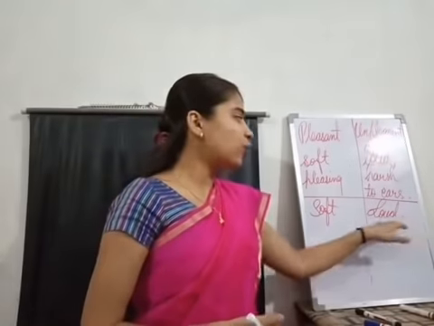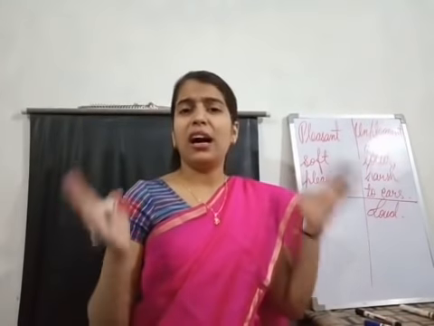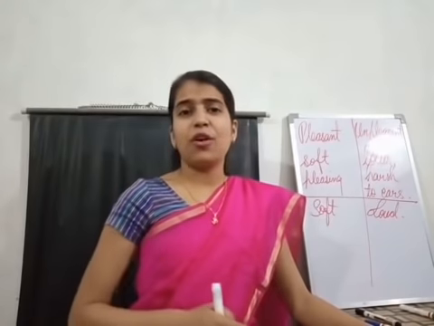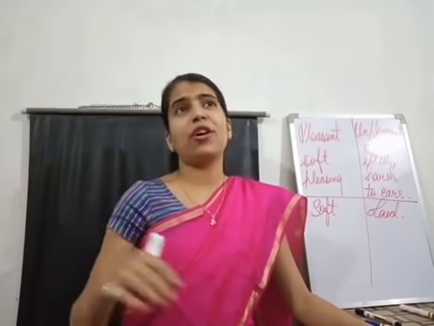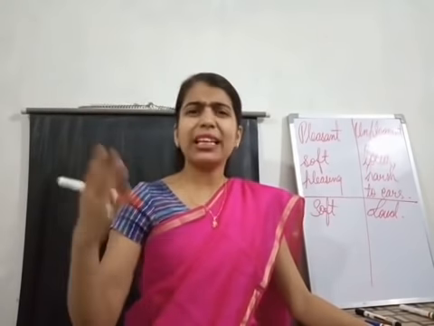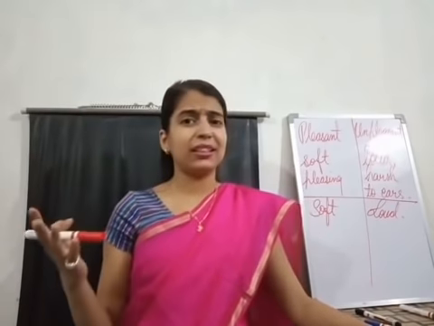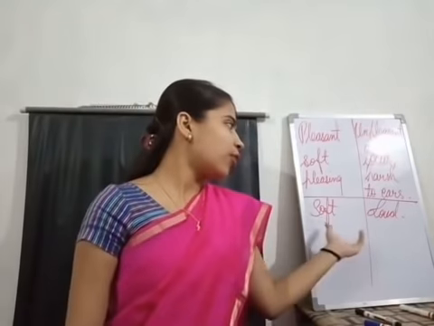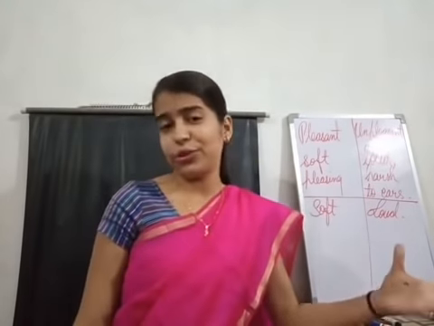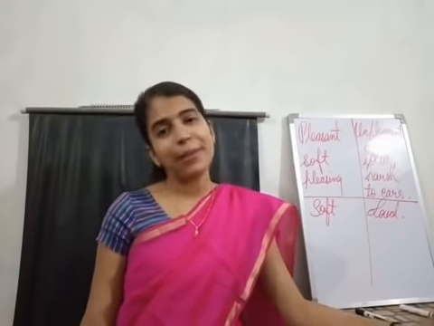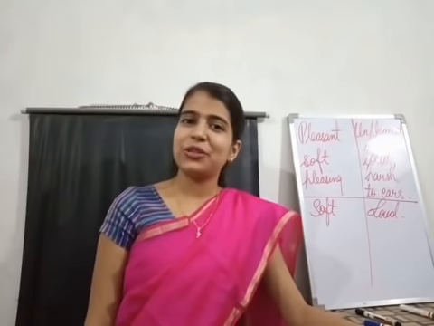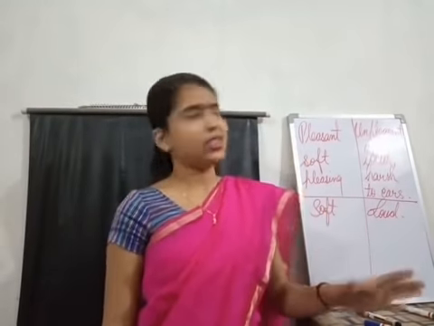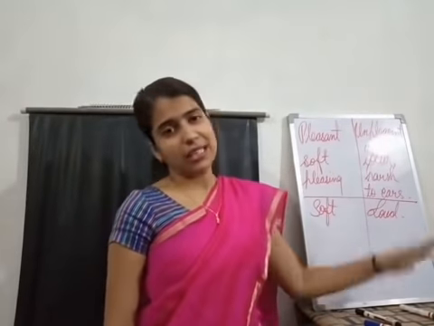Loud, again, honking of the vehicles or aeroplanes, or the flying of a rocket, or firecrackers. That is very loud and very harsh. Soft means something soothing and pleasant to your ears. Clear, students? In today's session, I will cover only this much.